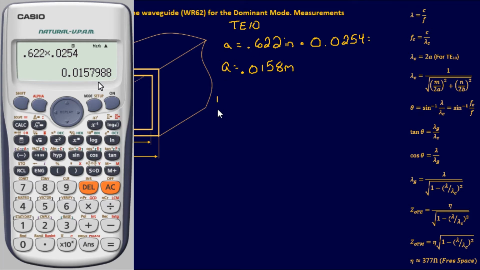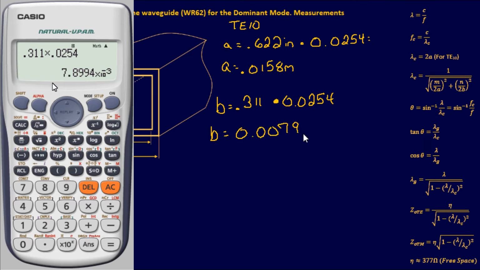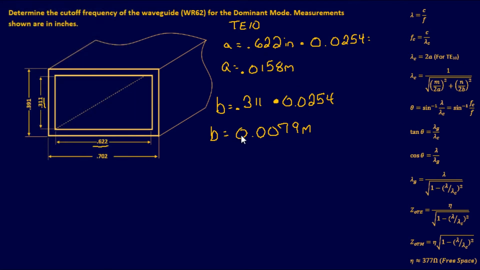And we're going to do the same thing for the height, which is considered to be B. So it's 0.311 times 0.0254. And that's going to give us an answer of 0.0079 meters.